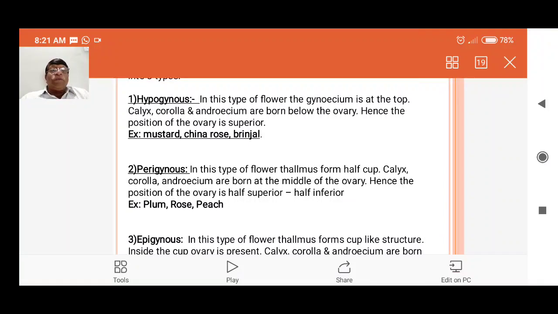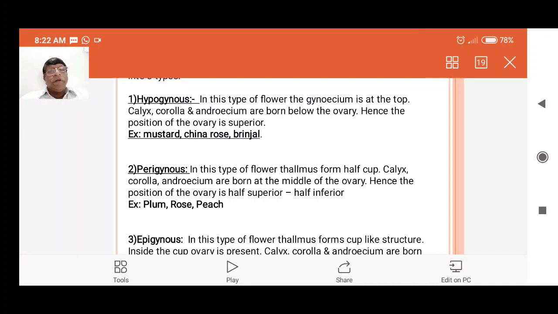Hence, the position of the ovary is half superior, half inferior. Look at the diagram. Here the thalamus is like a half cup. Inside it there is the ovary. Half the ovary is above, half the ovary is below. Hence, the position of the ovary is half superior, half inferior. The flower is said to be perigynous.